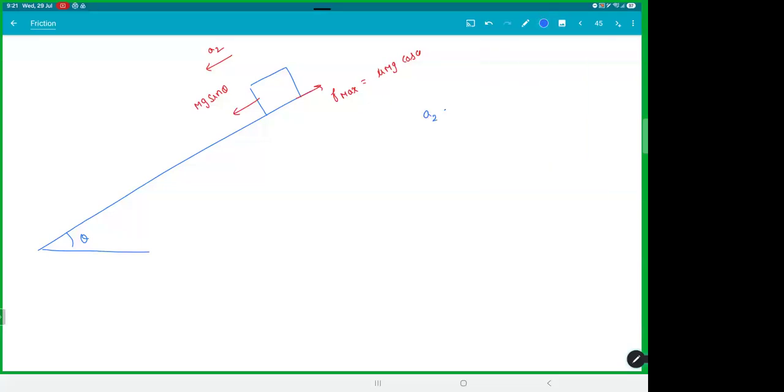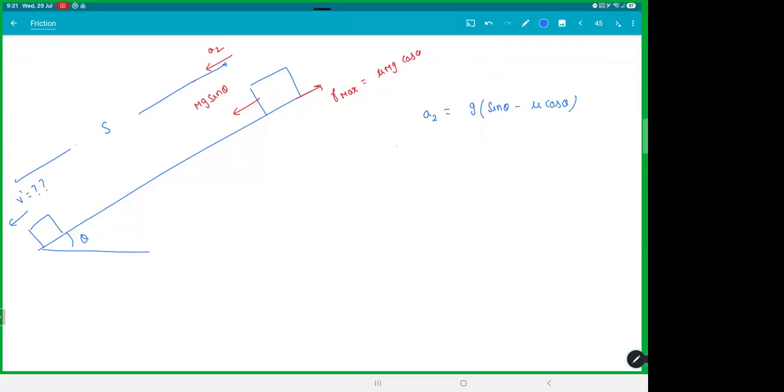Here we get a2 will be g sine theta minus mu g cos theta. And how much are you traveling? You're traveling the same distance. That's the reason you needed that s. You won't come back to rest again. When you come back here, you have some speed v dash, which I don't know. This will not be the same as the initial speed because you lost energy.